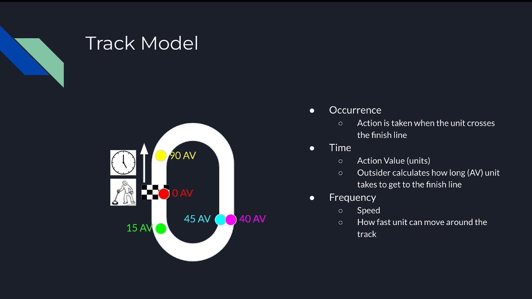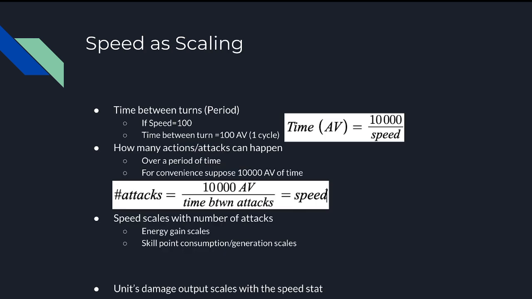So this model is key in understanding some of the changes that can happen with the speed, but we'll look into that later. First, we're going to figure out how speed works as a scaling method. If we consider the time between your turns, technically the period, it's like asking how long does it take for a unit to run around in a lap?